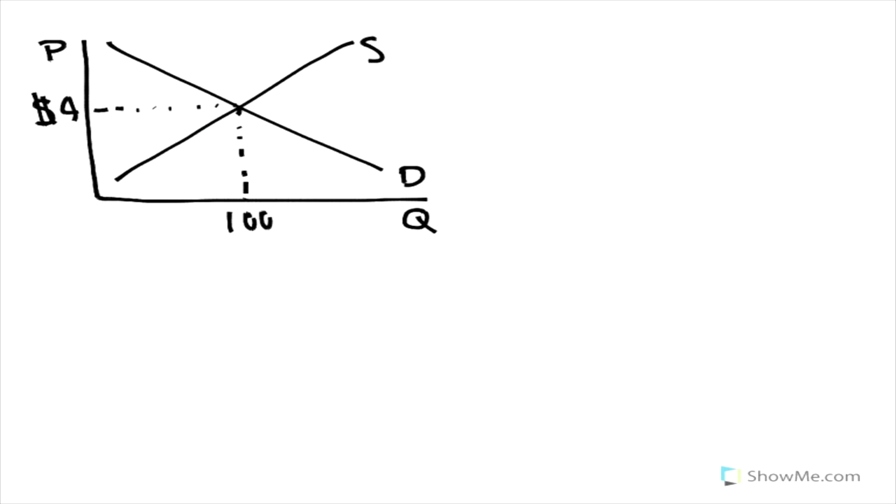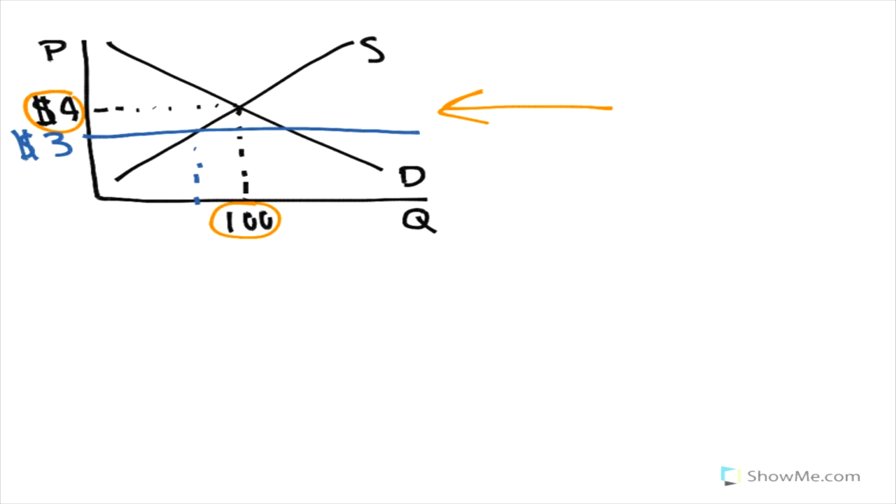Now we'll look at an example of a price floor below equilibrium. Again, we have the same market and the same equilibrium, $4, quantity of 100. So now we'll set our price floor below equilibrium, say $3, and then our quantity supplied might be 90 and our quantity demanded might be 110.